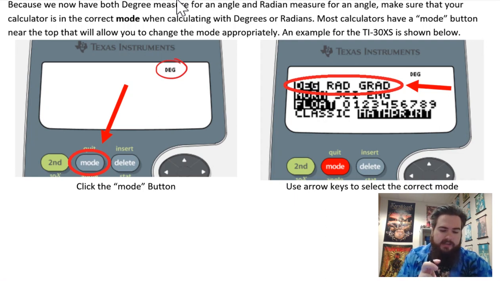To adjust this, there is a mode button near the top of the calculator, which will open up another menu allowing you to select between degrees, radians, and depending on the calculator, sometimes also gradians. Make sure that depending on what you are working with, that you have the calculator set in the correct mode.